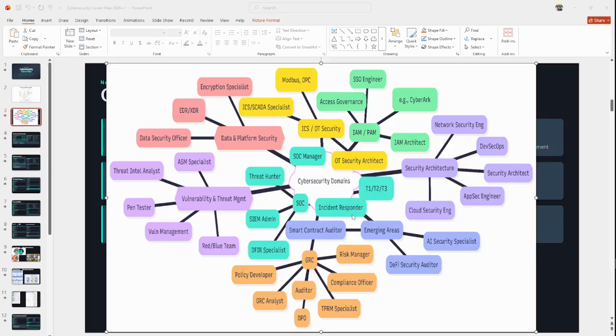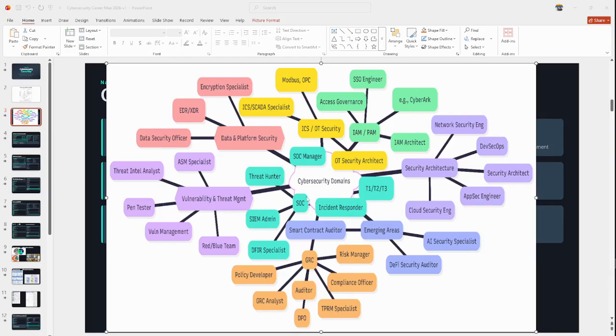Now one candidate is into this SOC area. So this is your complete cyber security area. You have SOC here, all your initial fields here, where your 70% jobs will lie.